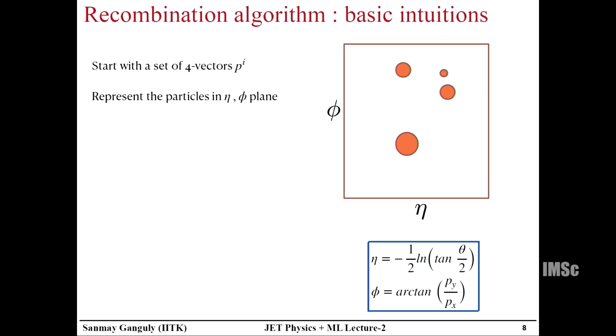So if you are measuring something in the lab frame, the same number you can use for the partonic frame, which is otherwise non-trivial. Remember that in a pp collision, when partons come with certain PDFs in the initial state, the lab frame doesn't coincide with the center of momentum frame of the partons.